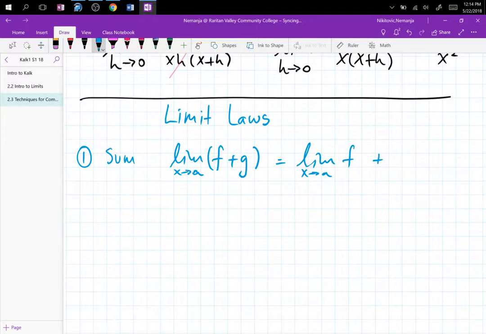So limit of f plus limit of g. Right, please don't say you distributed the limit. You didn't. It's just, you can do it term-wise or function-wise. There's the same one for difference. It's just the same thing with the minus, so difference.